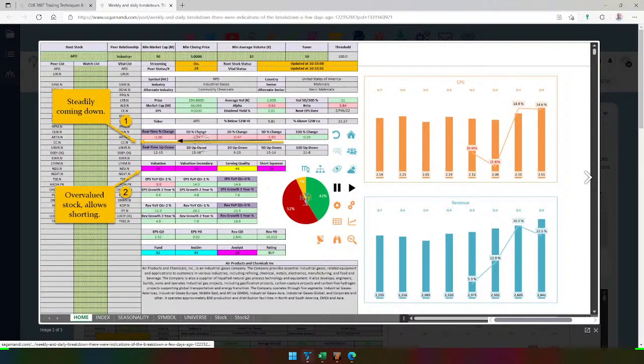This stock was steadily coming down. This is fundamental analysis using Cube Vital. It was overvalued, so it allowed me to short. 52% of peer stocks were down, but the relative score was already allowing me to short. Relative score I found from the previous snapshot. So fundamentals and industry both allowed me to short.